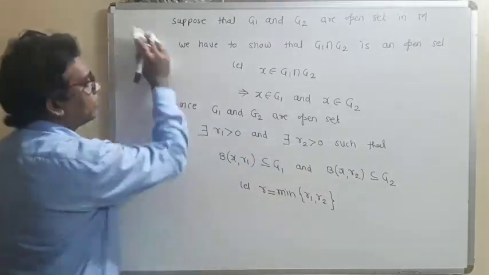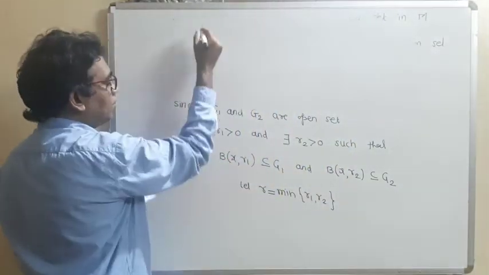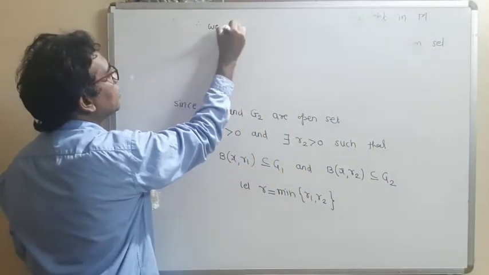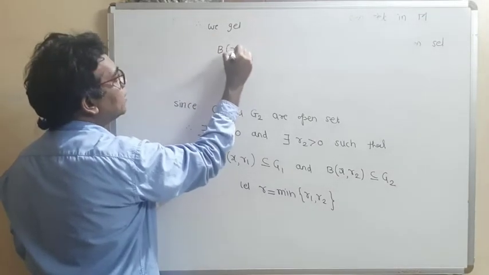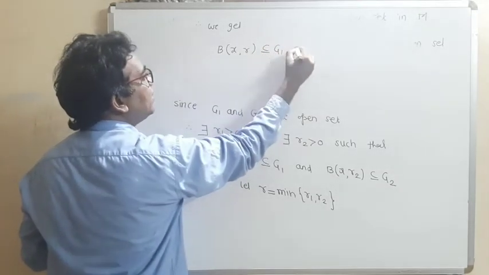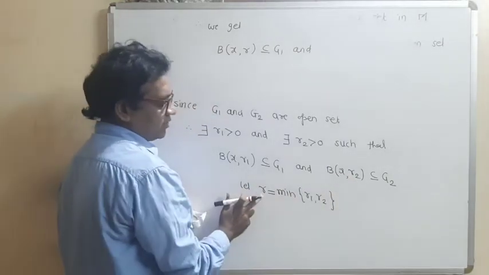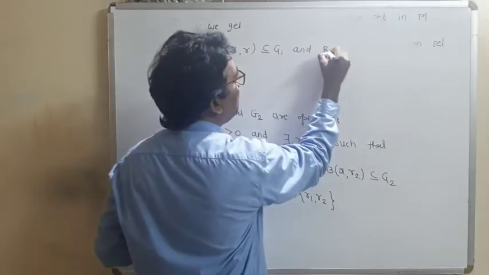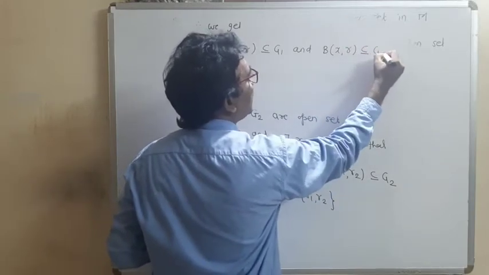Therefore, we get this open ball B with center at X and radius R contained in G1, and replacing R2 by this minimum radius R, B(X, R) is contained in G2.